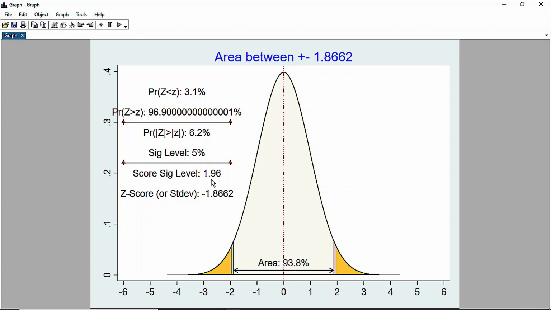Now let us see our one-tailed test. For the right-tailed test, the p-value is 96.90, which is greater than the 5% significance level, so we fail to reject the null. Now let us see our left-tailed test. As the p-value is less than the significance level, we reject the null.